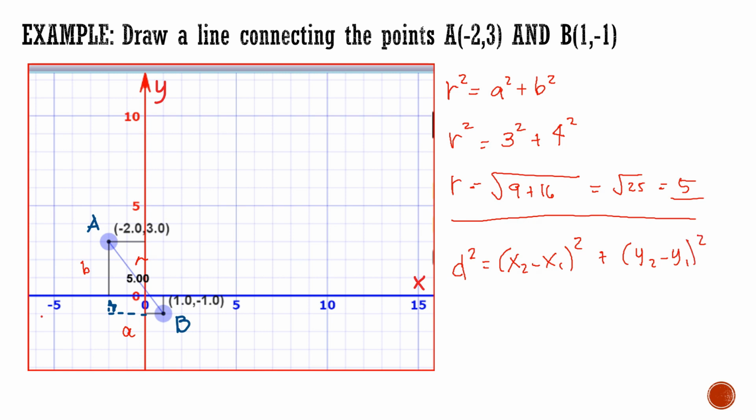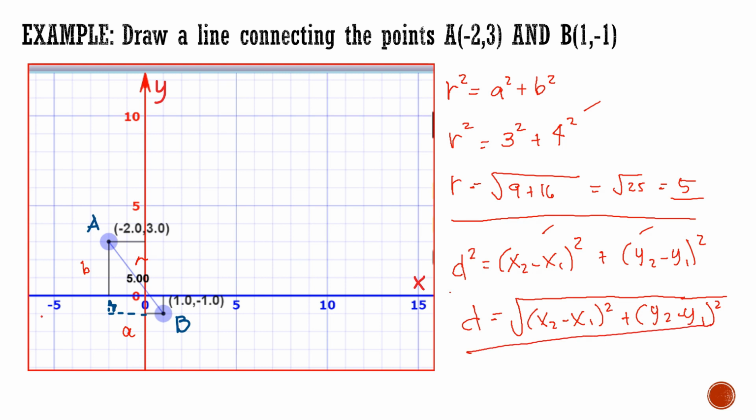Tapos in-squared natin. Ayun, no? The square of its catheti. Now, d is equal to the square root of x sub 2 minus x sub 1 quantity squared plus y sub 2 minus y sub 1 quantity squared. This will be our distance formula.